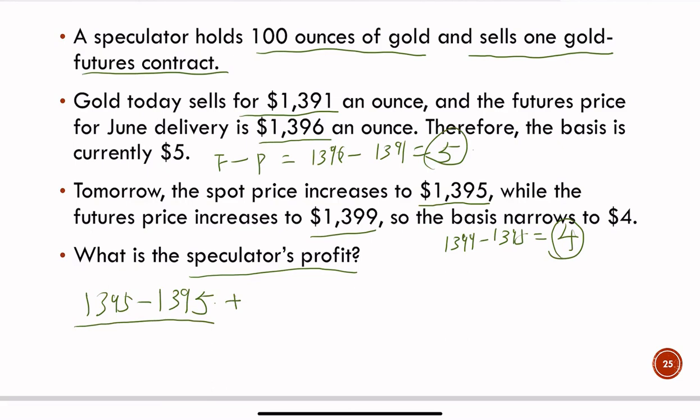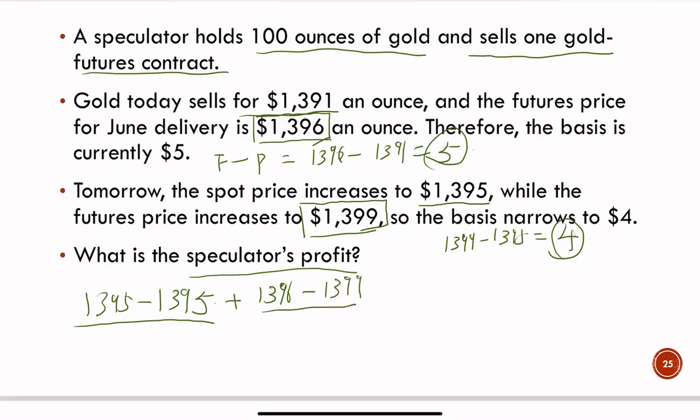And what is the profit from the futures position? We know that the initial futures price was 1396, and then the future price increased. So his profit would be 1396, that is the initial futures price, minus the second day's futures price.